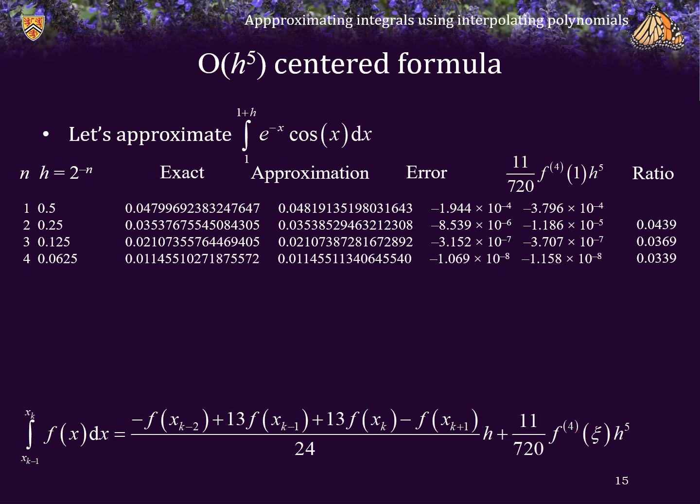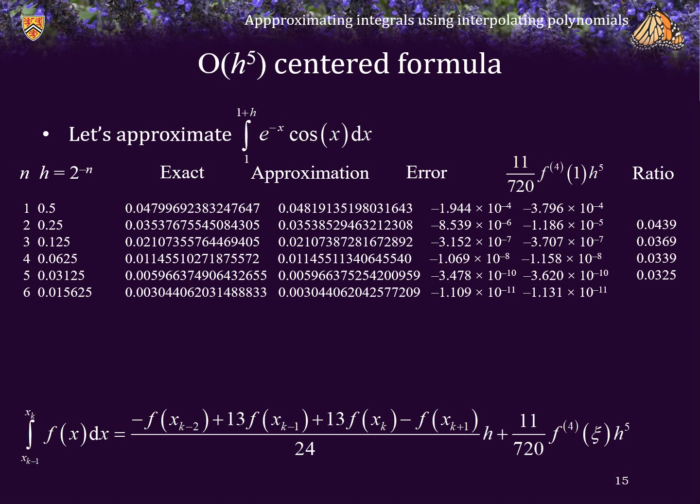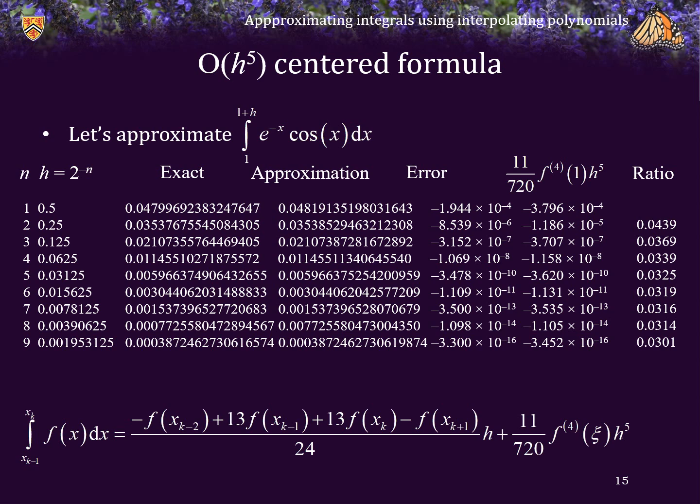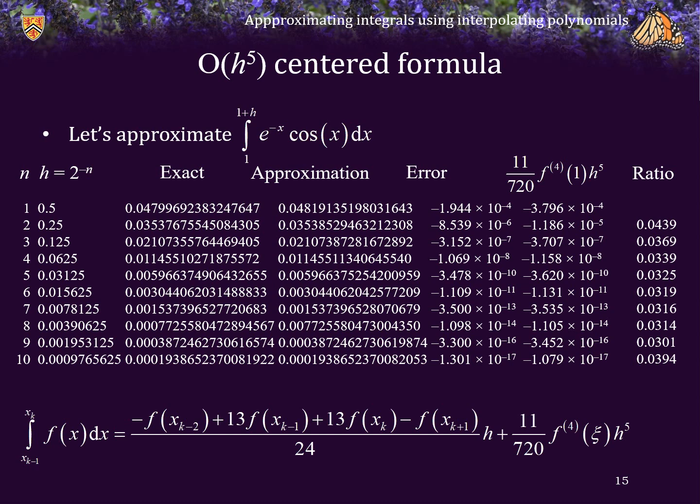And so as we make h smaller, notice that yes, indeed, the error does appear to be dropping by approximately 0.0325 with each step. All right, so we've already gotten a significantly better approximation using this formula than we saw previously with the trapezoidal rule.